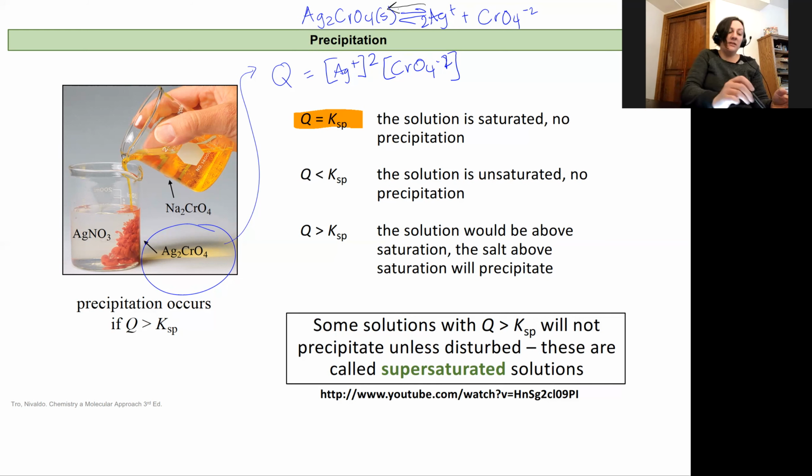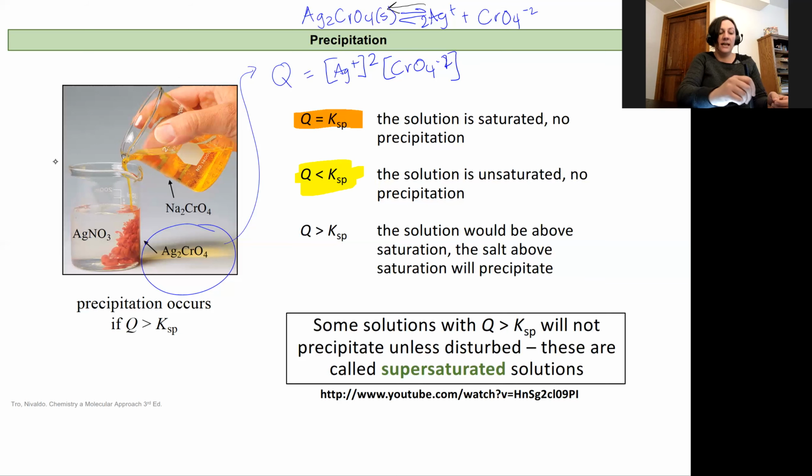Now, if we calculate Q and Q is smaller than our solubility product, it means the solution is unsaturated. An unsaturated solution is a solution that can still have more of those ions present before a solid would form. So it can still dissolve more silver chromate in this case.